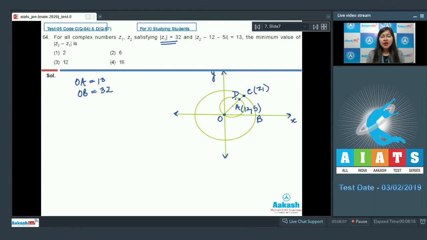So basically we have to find the value of distance CD, which will be equal to OC minus OD. That is, OC is the radius of the bigger circle, that is 32, minus OD is the diameter of the smaller circle, that is 13 into 2, that is 26. So this is equal to 6. Hence the correct answer will be option number 2.